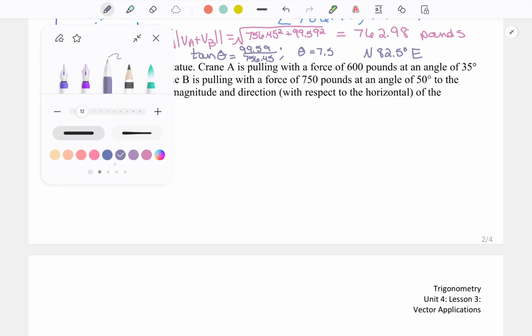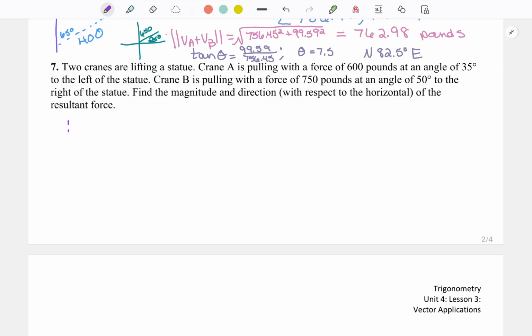So of course we're going to draw a picture first. So we have our statue, we have the ground, and then crane A is pulling with a force of 600 pounds to the left of the statue. So we have 600 and then 35 degrees.